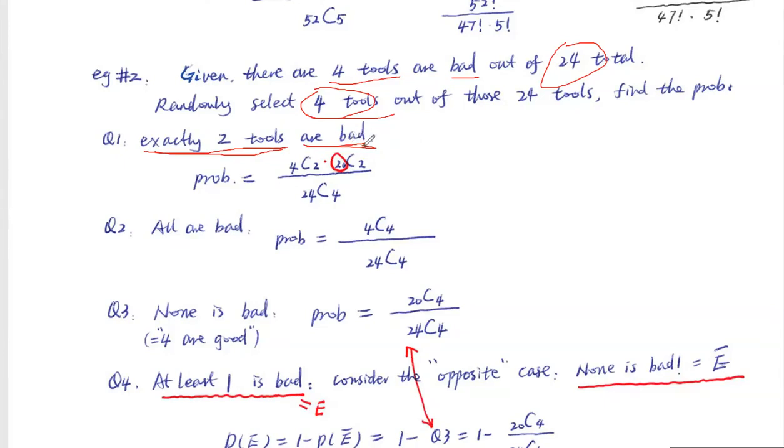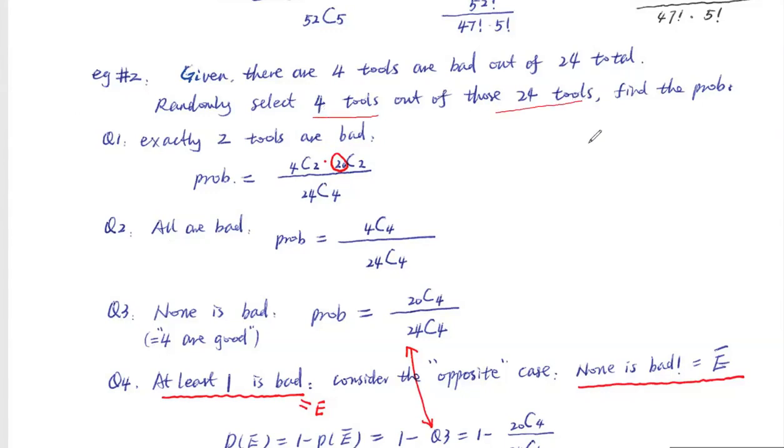How can we do that? Do it step by step. Probability is something divided by something. Every time we get a probability question, remember it is something divided by something. The denominator is the total possible choices. We randomly select 4 tools out of a total 24.